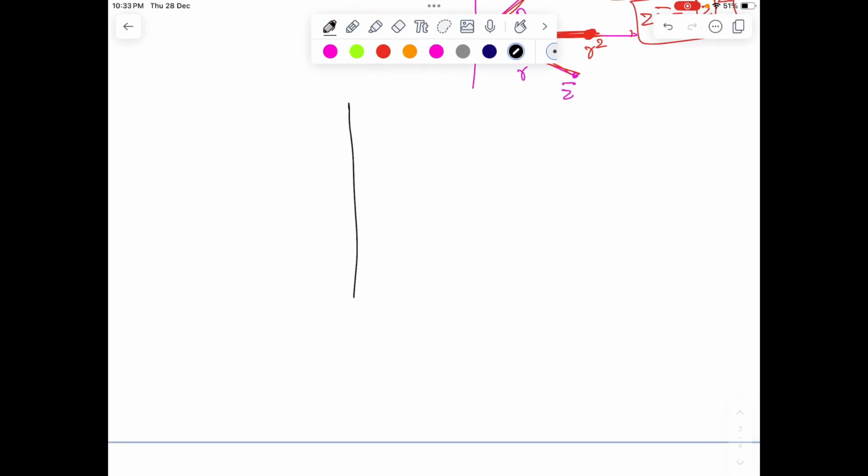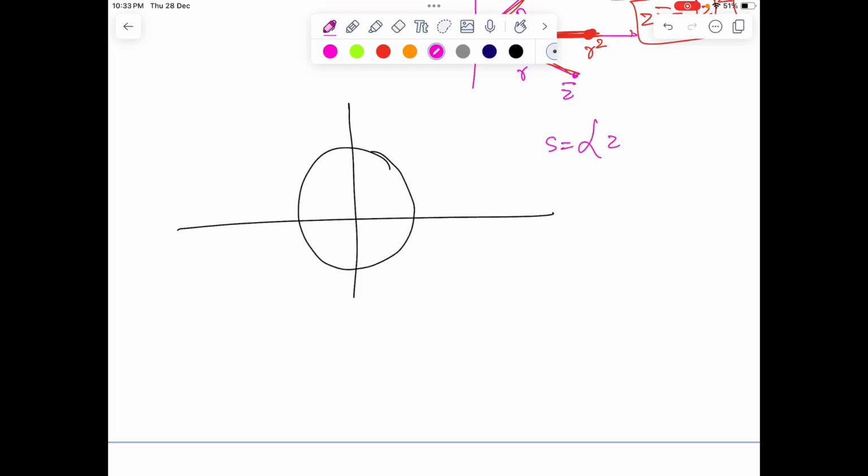Now I'll take one of the philosophical questions to illustrate one of the most beautiful examples. Let's say we have a set of complex numbers which is z to the power n such that n belongs to natural numbers. Okay, so it's just containing powers of a complex number. This is a unit circle in the complex plane.